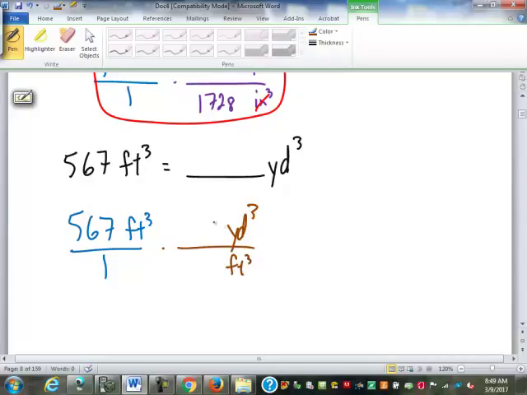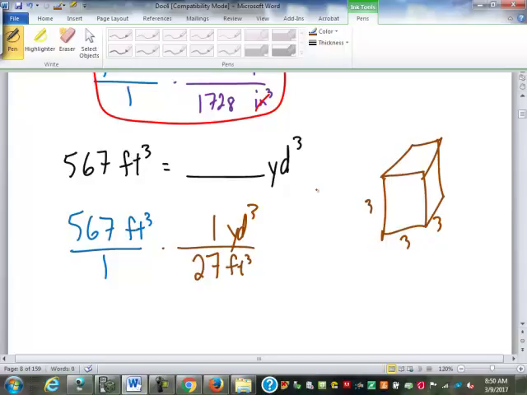Of course, the yards are the bigger ones, so that's going to be 1. 1 cubic yard is how many cubic feet? There we go. 3 by 3 by 3 is 27. Basically, you're taking the linear conversion factor, the 3 feet in a yard, and you're cubing it. So the feet cancel out. This is going to be 567 divided by 27, which is 21.